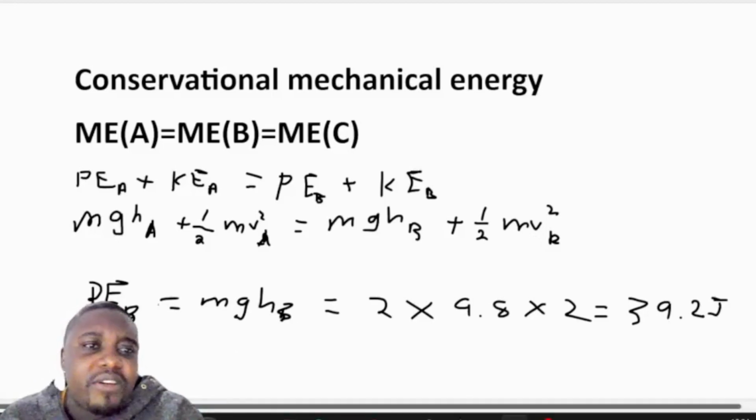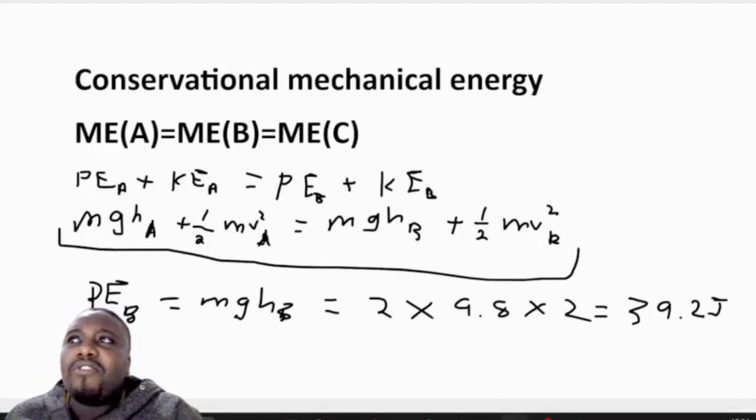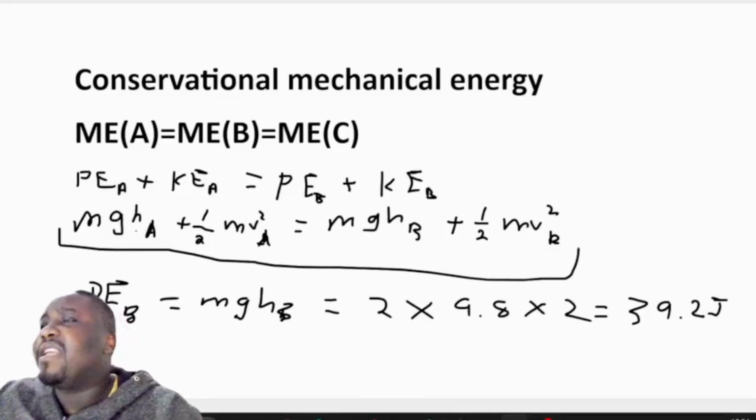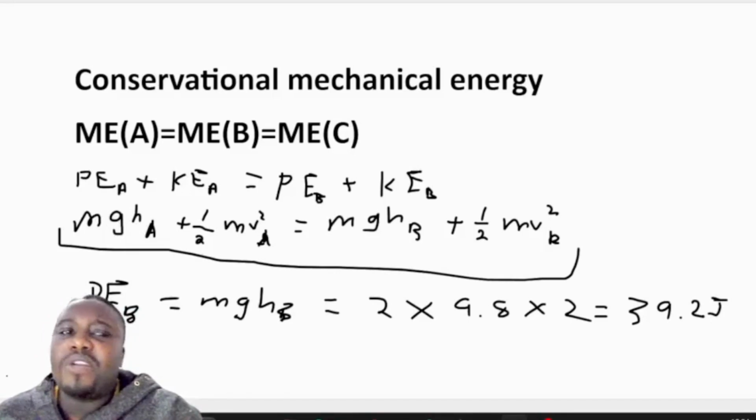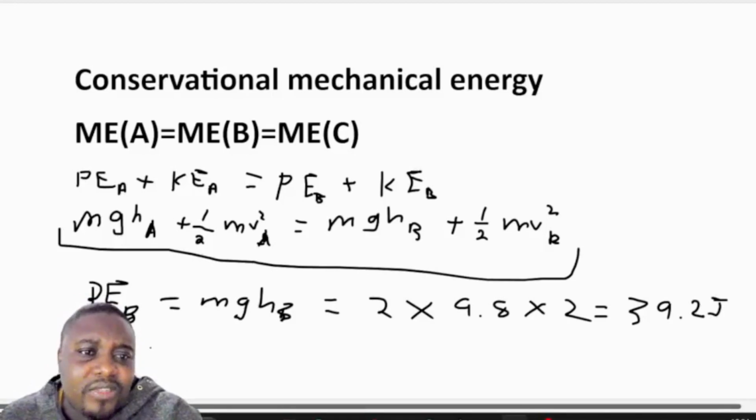To calculate the velocity at B, we can use the conservation of mechanical energy formula, which is this one that I just wrote here. We already calculated the mechanical energy at A, which was 107.